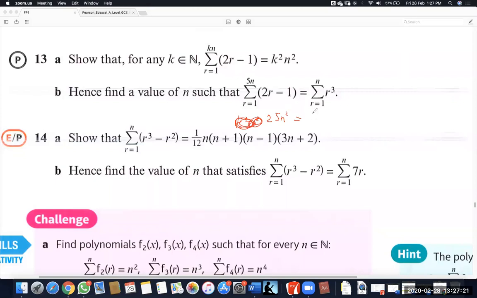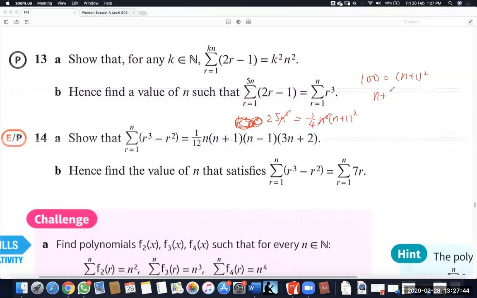This one, you need to use the results from the formula book. Then you can directly cross out the n squared because n can't be 0. So 100 equals n plus 1 squared.